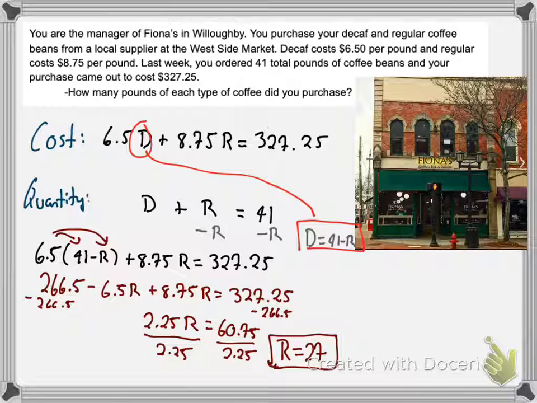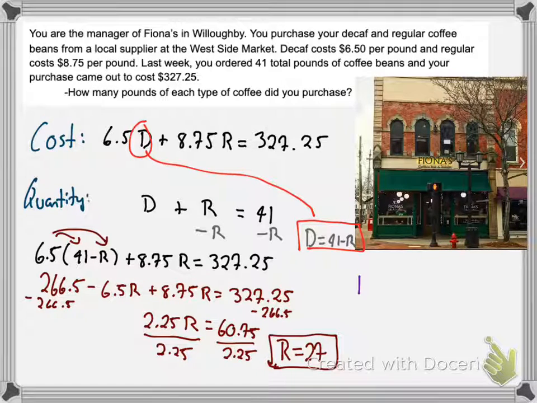That was a lot of work, but the nice thing with these kinds of problems is that after you find the one variable, you're basically in the home stretch. After I find R, I'm going to plug it into either the cost or quantity equation to find out what my other variable was. While you can plug it into either equation, it's a lot easier to plug it into the simpler equation. If I plug this into the quantity equation, I can in one step figure out what D is.